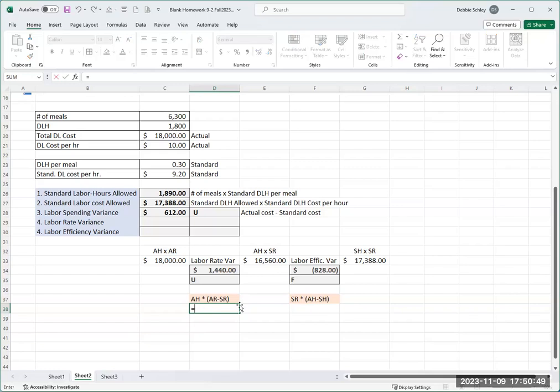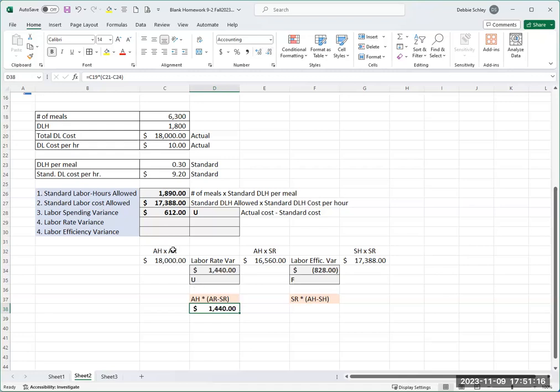So I'm going to take equals the actual hours times parentheses the actual rate minus the standard rate, close parentheses. And as you can see, that gives me the same answer.